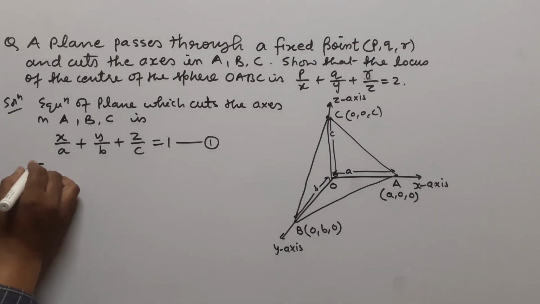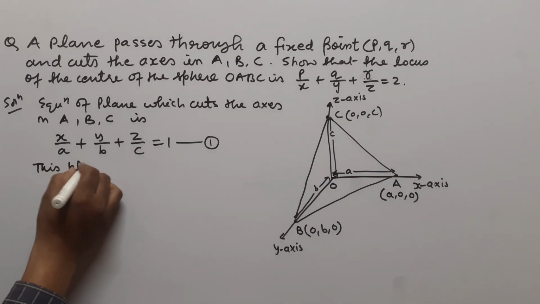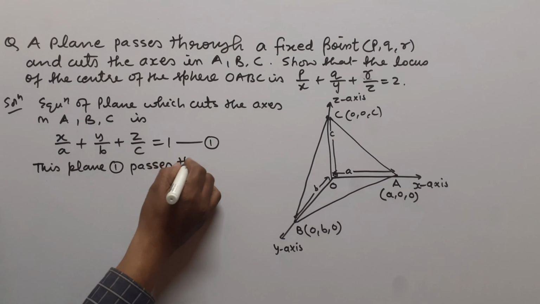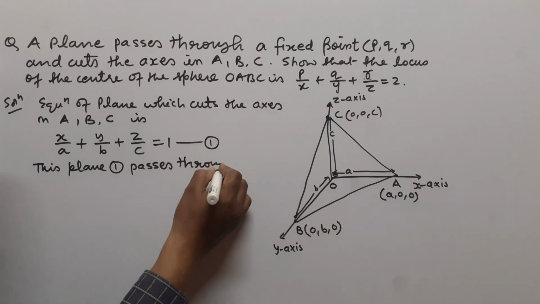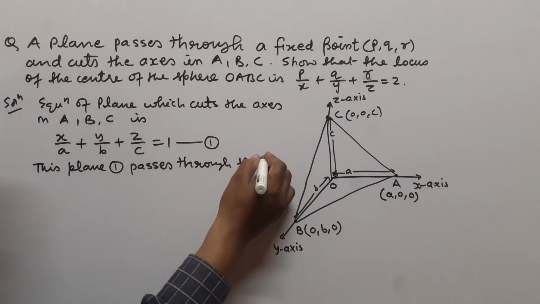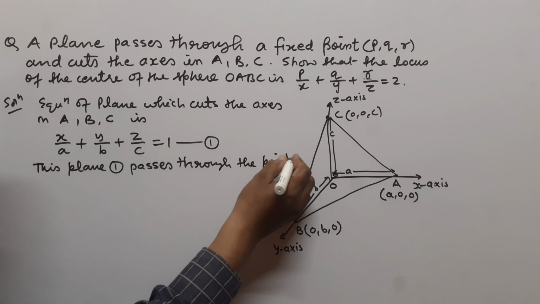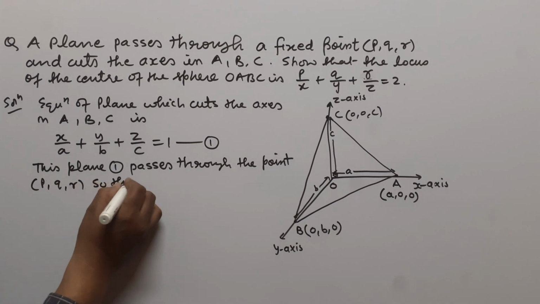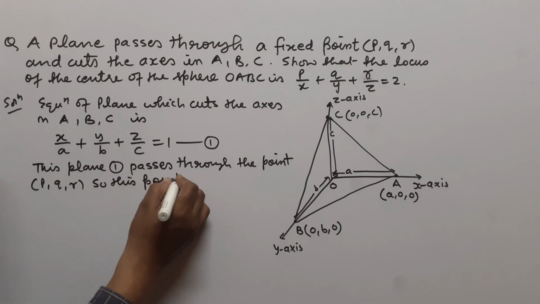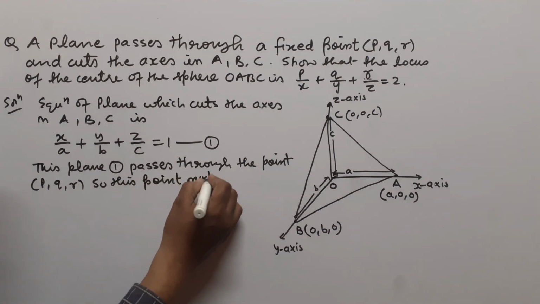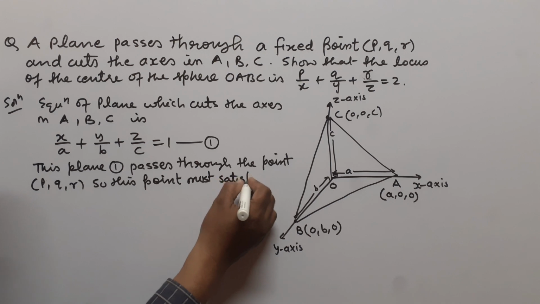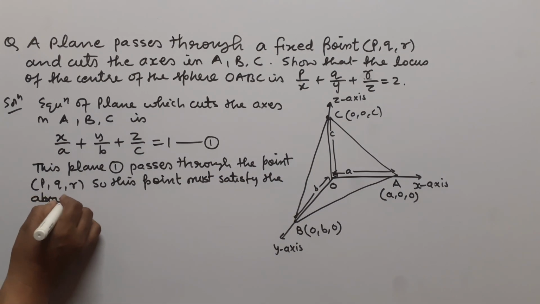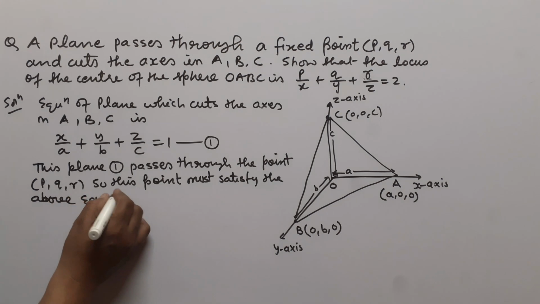Since plane 1 passes through the point PQR, this point must satisfy the above equation 1.